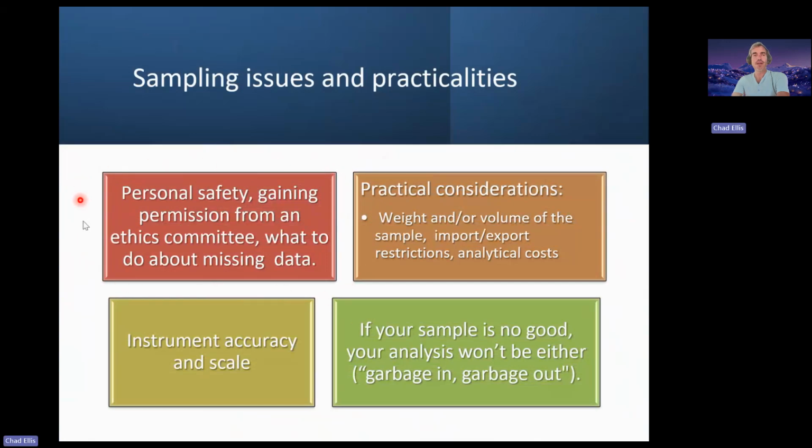In terms of a lot of human-related research, surveying people, often you have to pass your surveys through an ethics committee to make sure that you're not asking inappropriate questions, things like that. Practical considerations, right? The cost, the time that it's going to take for you to be out there, the accuracy of your sampling instrument. If you're going out and using a thermometer to measure something, how accurate is that thermometer, or how accurate is your measuring device?